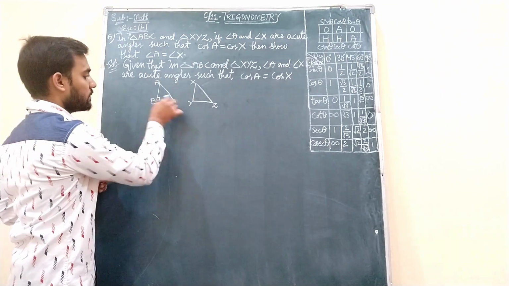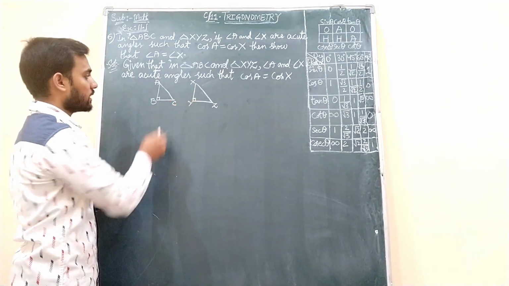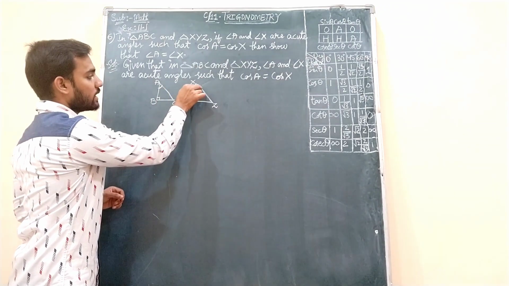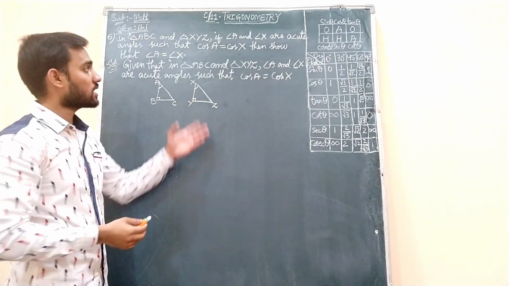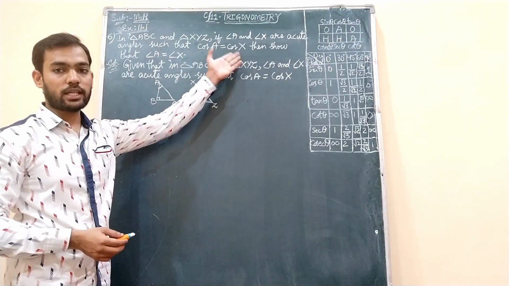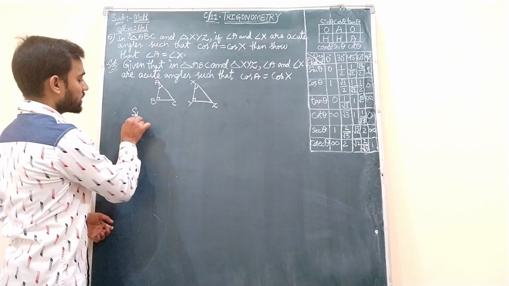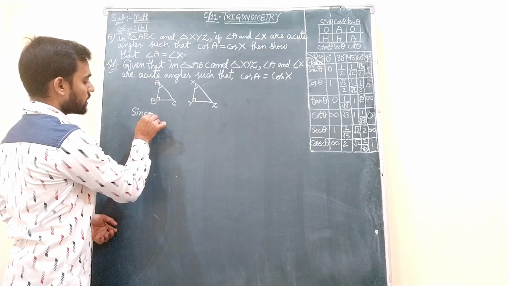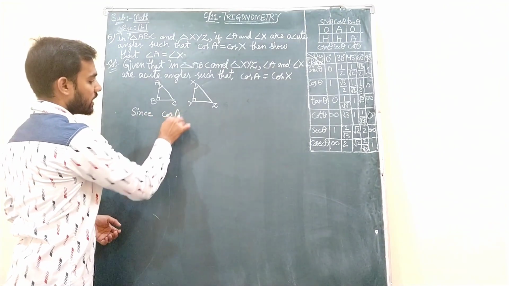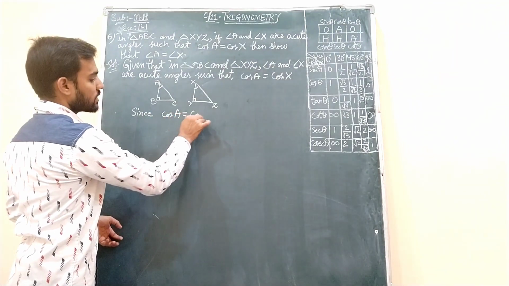So I am taking angle B as 90 degree, angle Y as 90 degree. Angle A and angle X are acute, which means cos A, cos X we are taking with respect to these two angles.